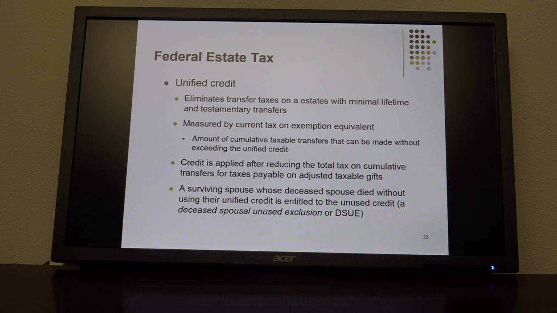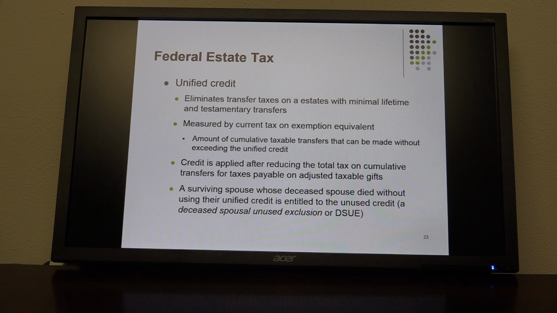And so again, the point of the unified credit is that it eliminates transfer taxes on estates with minimal lifetime and testamentary transfers. It's measured by the current tax on the exemption equivalent. You should already know that. The credit is applied after reducing the total tax on cumulative transfers for taxes payable on adjusted taxable gifts.